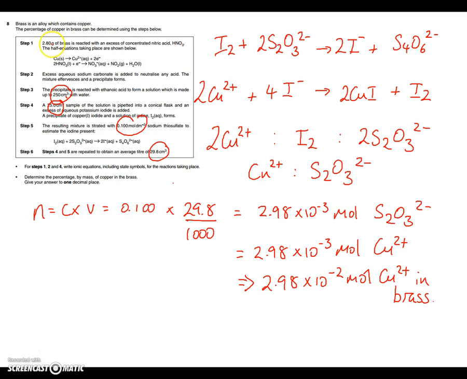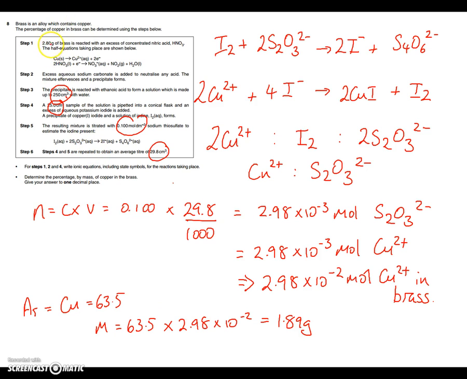because all of the brass sample was reacted, ended up in the 250 cubic centimeters, which we use 1/10 of in the titration. And now that we know the number of moles, we just need the relative atomic mass of copper, which is 63.5. So the mass of the copper is now 63.5 times 2.98 times 10 to the minus 2, which gives us 1.89 grams.